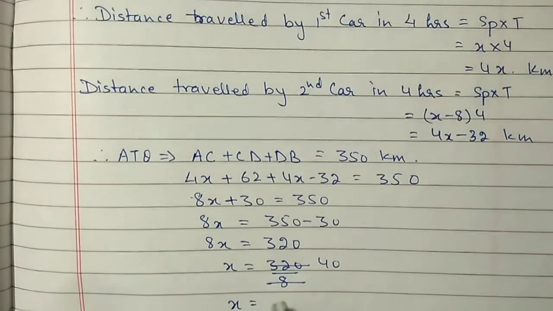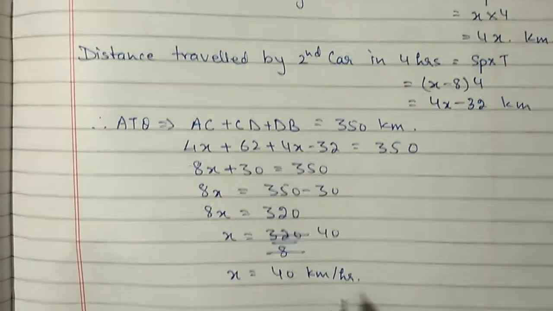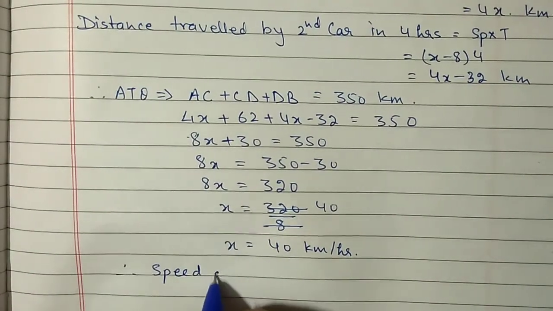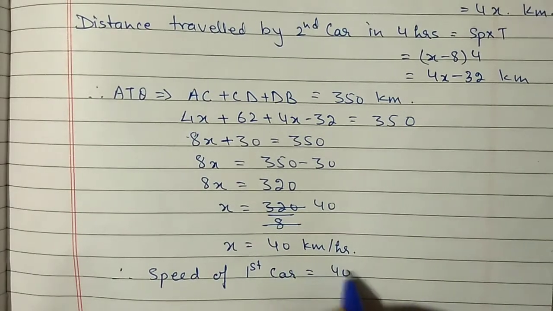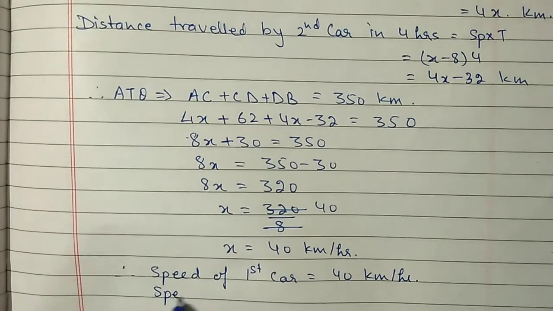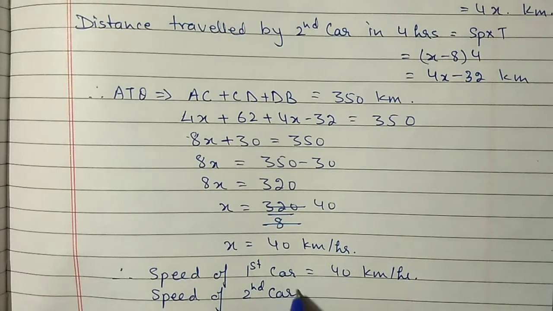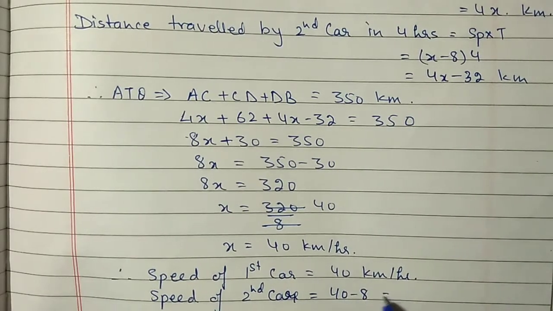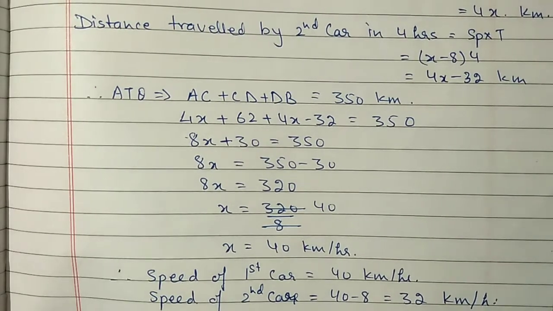So x is 40 kilometer per hour. Therefore the speed of the first car is 40 kilometer per hour and the speed of the second car is 8 less than this. 40 minus 8 means 32 kilometer per hour.